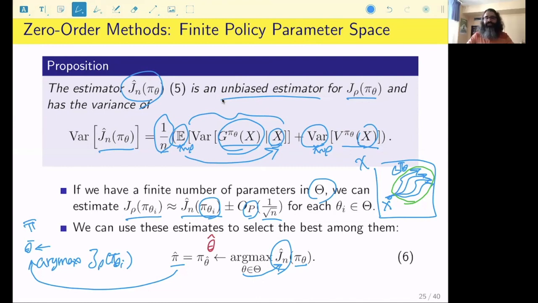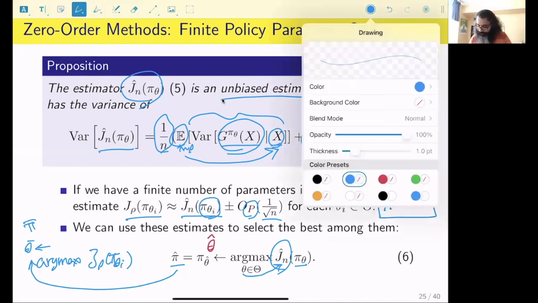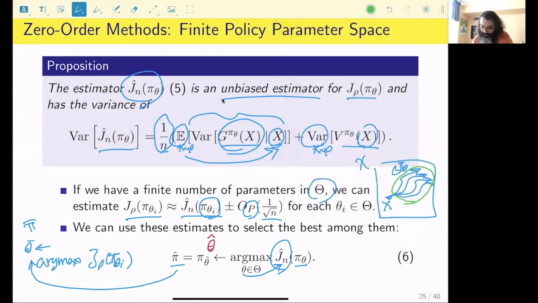If n goes to infinity, then j hat converges to j, because the difference between j and j hat is of order 1 over square root of n. So as n goes to infinity, the difference goes to 0, and it doesn't matter which one we maximize.